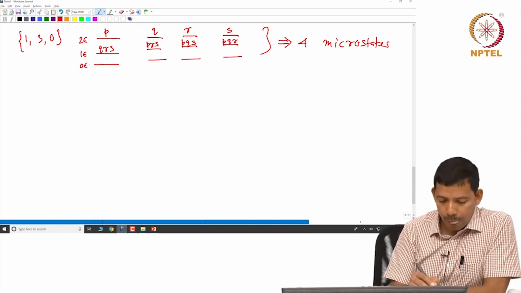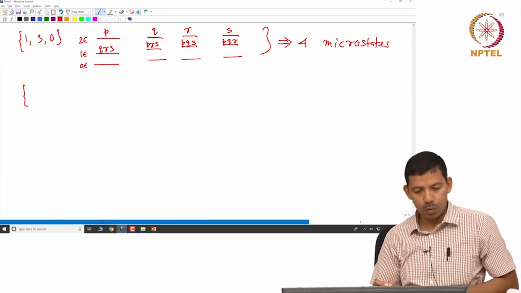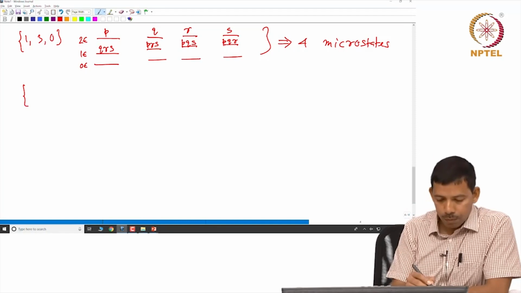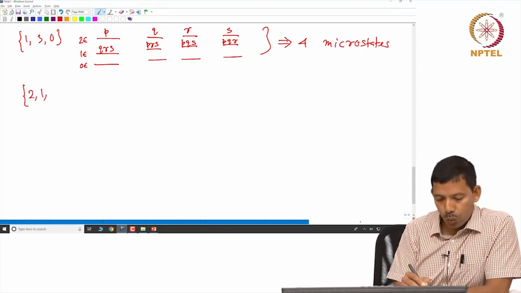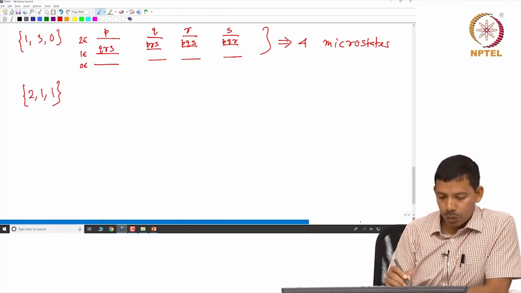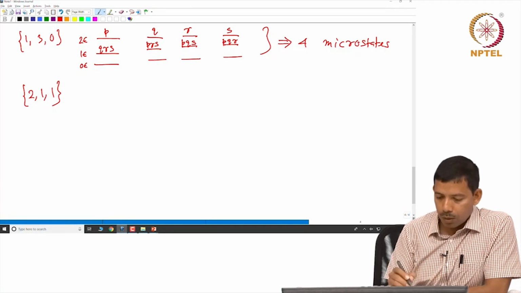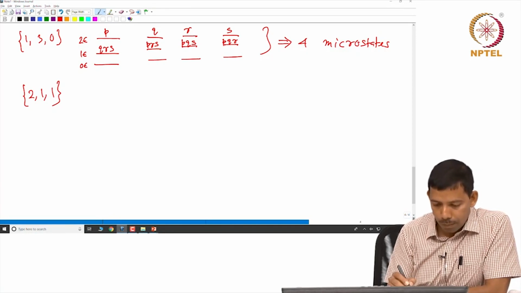Now let's look at the other distribution we took as 2 1 1. So what will be the distribution for this particular macrostate?